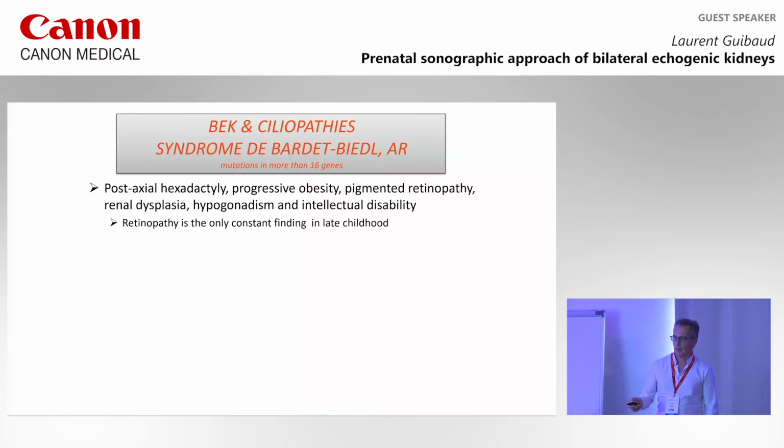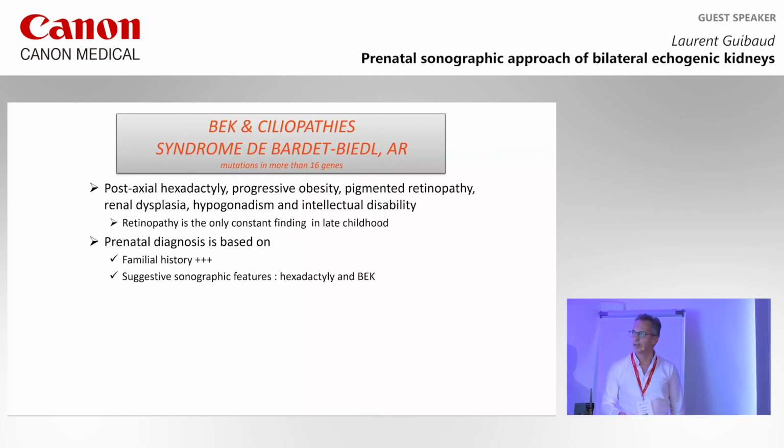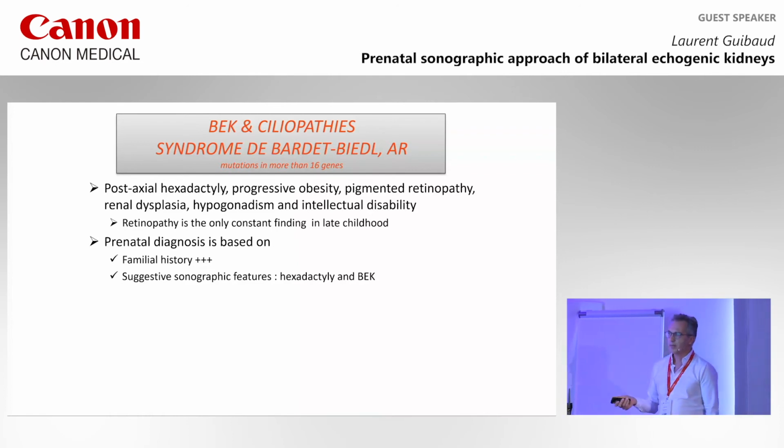And the retinopathy is the only constant finding. The diagnosis will be based on the familial history if you have index cases, but the main findings are polydactyly and echogenic kidneys. But all this will be found in all ciliopathies.